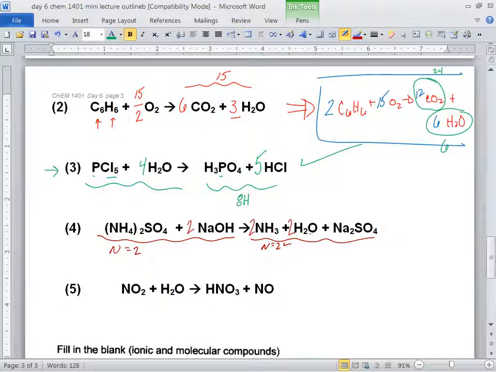All right. The hydrogens, I've got 2 times 4 is 8, plus 2 more gives me 10. Can you count that? I've got 10 hydrogens on the reactant side, the way Stephen's got it. 2 times 4 is 8, plus 2, 10. Product side, 2 times 3 is 6, and 4, 10.